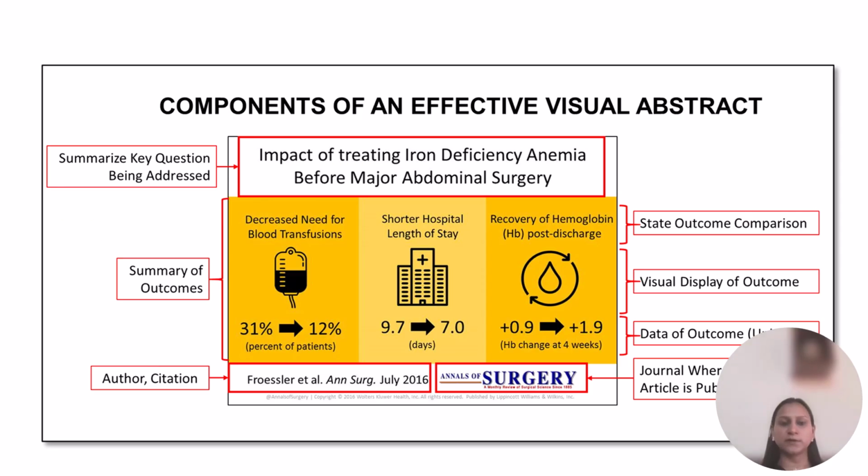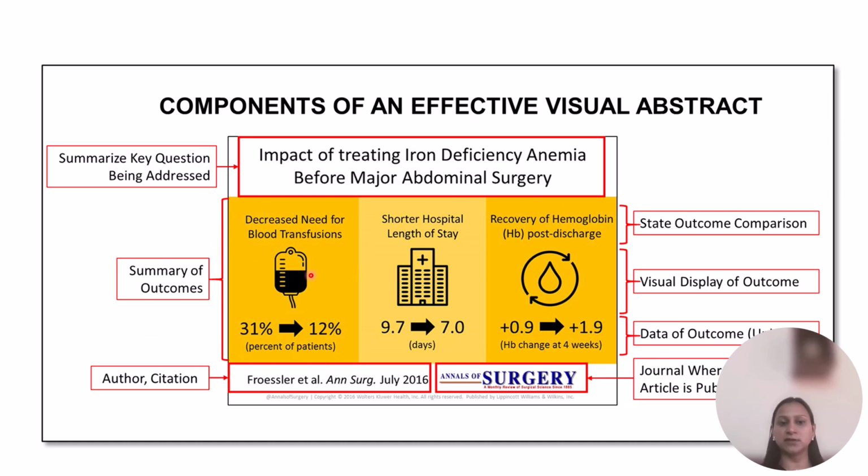So this was the first visual abstract published, and these were the components of the initial visual abstract. Of course, the visual abstract has evolved now. So this was the initial one where you can see that, just a moment, I'll switch on the laser pointer. So yeah, you can see that there is a question here or the title which summarizes the key question being addressed, that is the impact of treating iron deficiency anemia before major abdominal surgery, and they just have the summary of outcomes here.